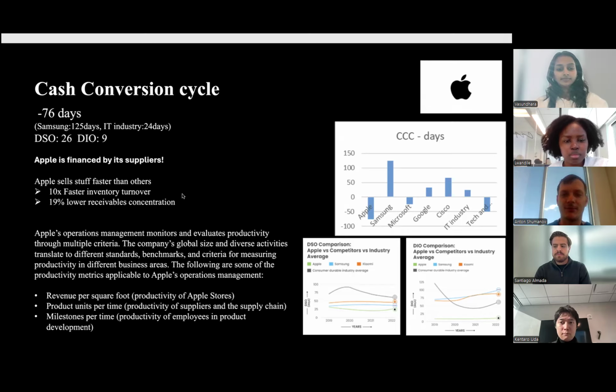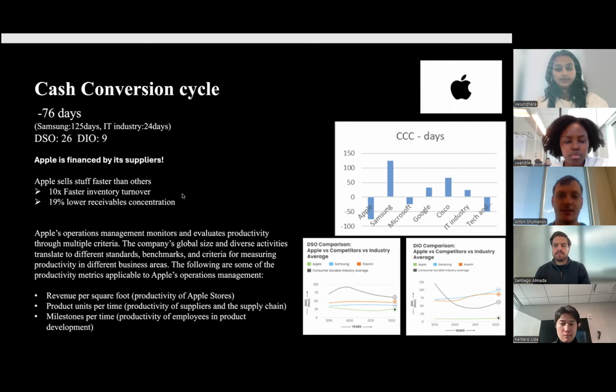In the case of Apple, it's minus 76 days, which is way better compared to the industry, which is a positive 24 days, and its main competitor Samsung, which is even more, 125 days.